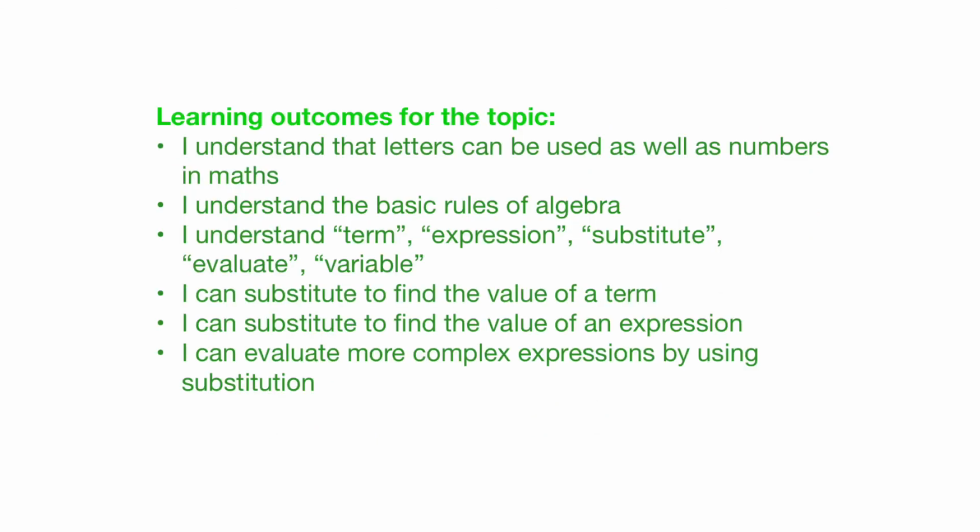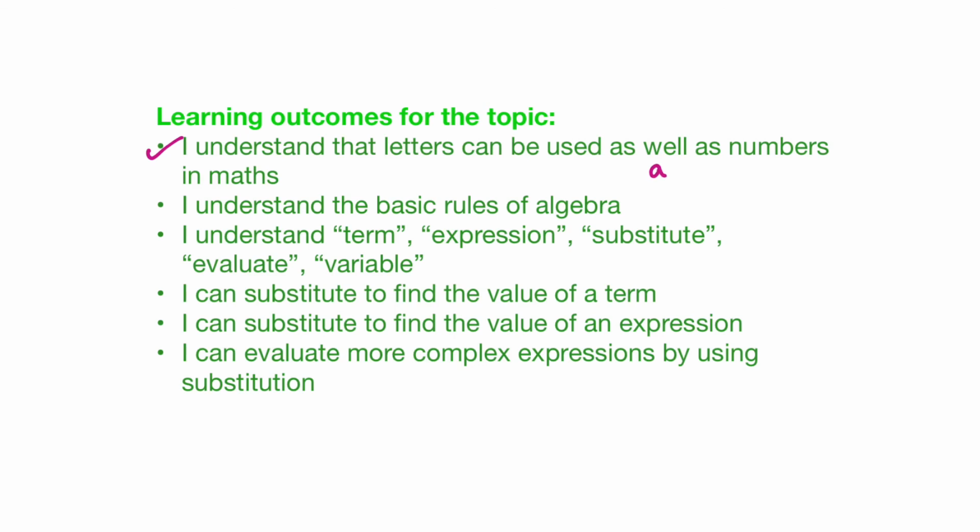Okay, so that's as far as I wanted us to go this lesson, and we'll just recap where we've got up to, because it's really important that we can see that we're progressing through our learning outcomes. So first of all, I understand that letters can be used as well as numbers in maths, and we demonstrated that with the red and green dots and with the horses. I understand the basic rules of algebra. Do you remember those?